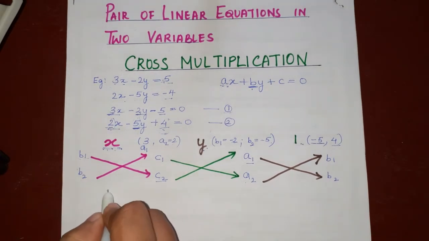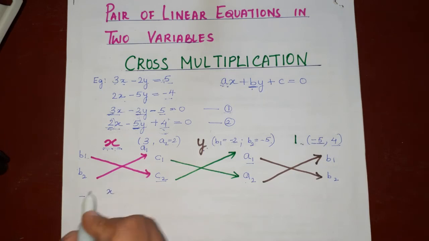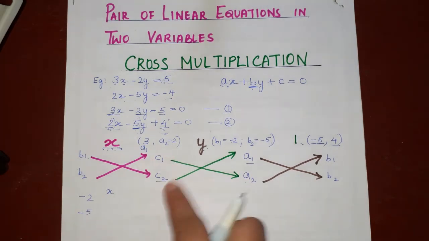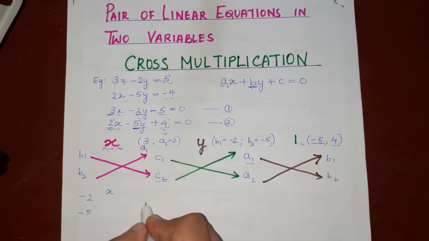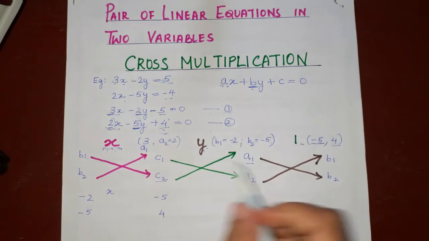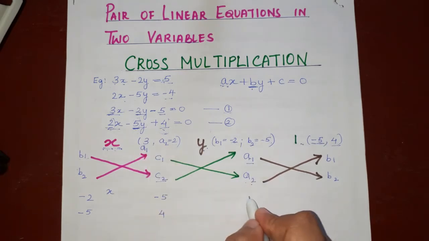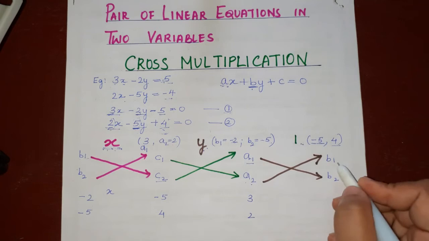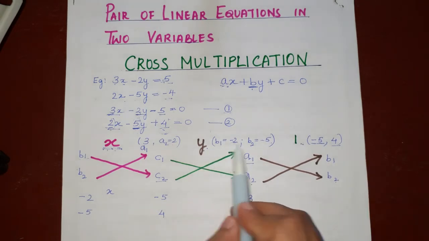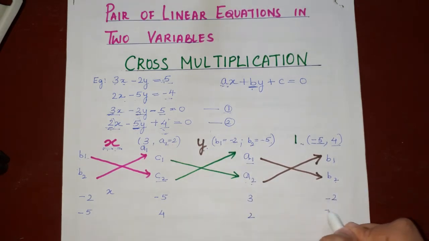So under x, b1 and b2, b1 is -2, b2 is -5, followed by c1 and c2, -5 and 4, a1 and a2, 3 and 2, and b1 and b2 again, which is -2 and -5. And we are going to multiply it as shown by the colored arrows.